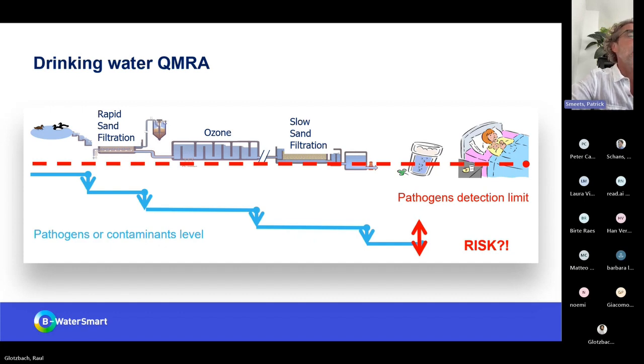So that's why we developed QMRA to estimate the concentration of those pathogens in the water after all the treatment steps. And then when you combine that with how much water people are consuming, you know the number of pathogens that they are likely to ingest per day or per year.